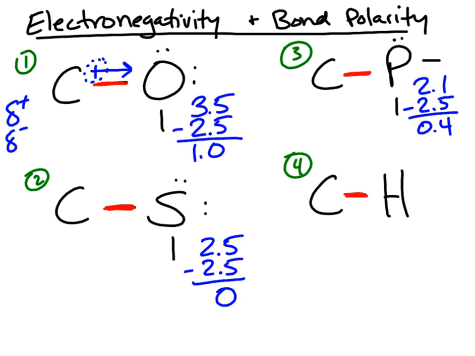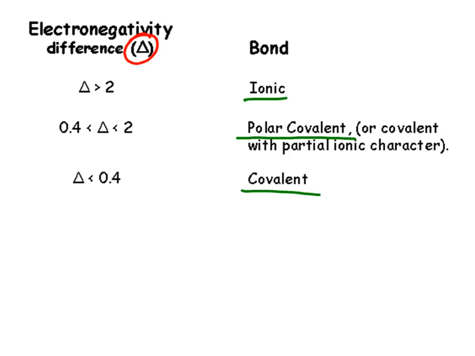And according to this, this is a slightly polar bond. But what I'm going to do here is change my graphic a little bit. We're going to say if it's greater than or equal to 2, it's ionic, or if it's less than or equal to 0.4, then it's covalent.